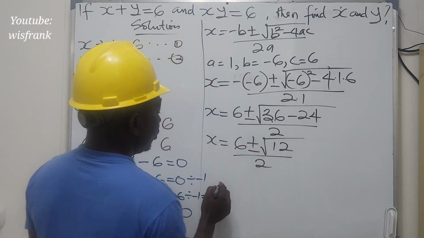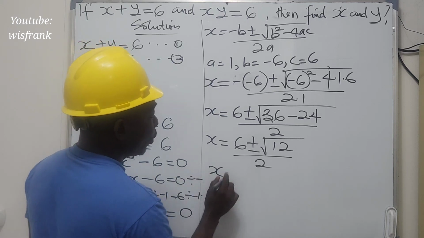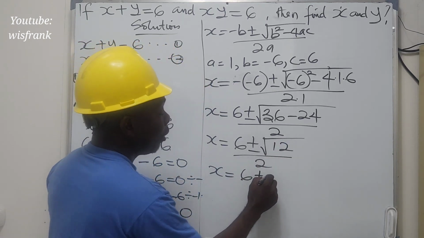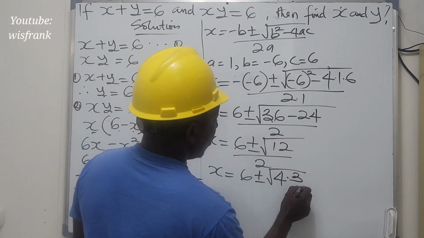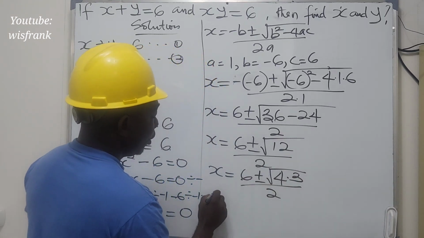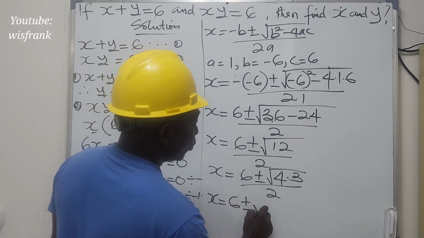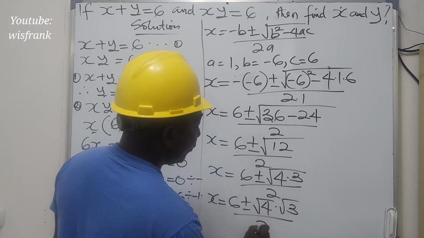So we have it that x equals 6 plus or minus the square root of 12, which is the same thing as 4 times 3, all over 2. So x equals 6 plus or minus the square root of 4 times the square root of 3, all over 2.